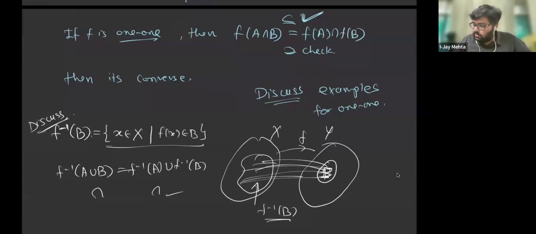Just like image, we have a pre-image set: all those elements whose image is in B, so all those x so that f of x is in B. Take examples and check all this by taking elements here. So I stop here, already exceeded time.